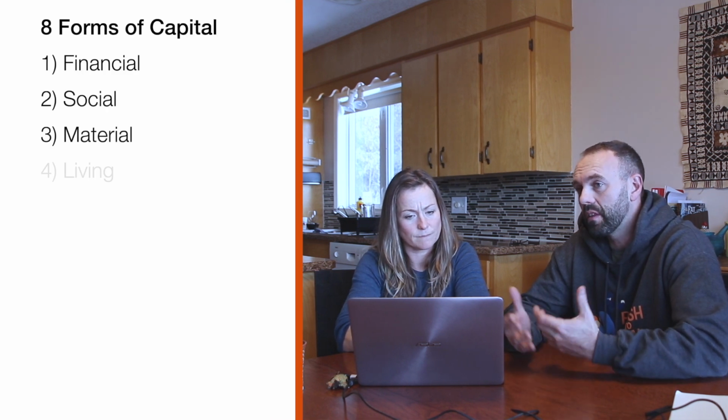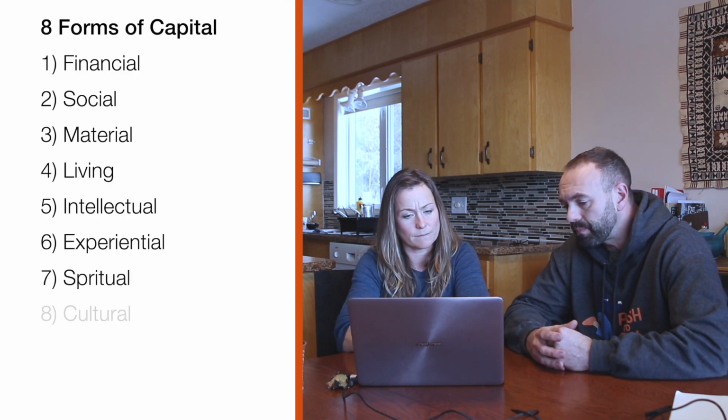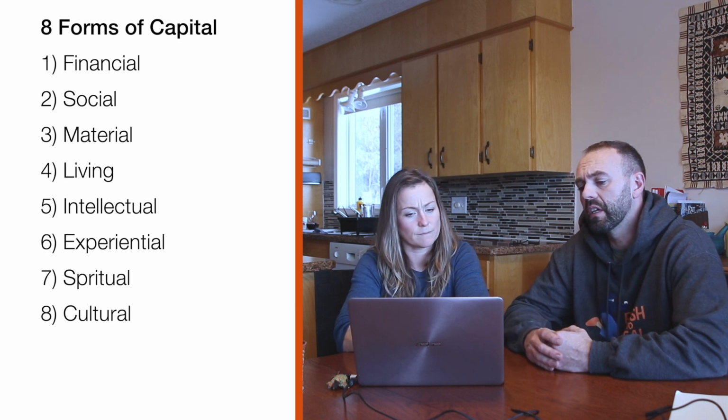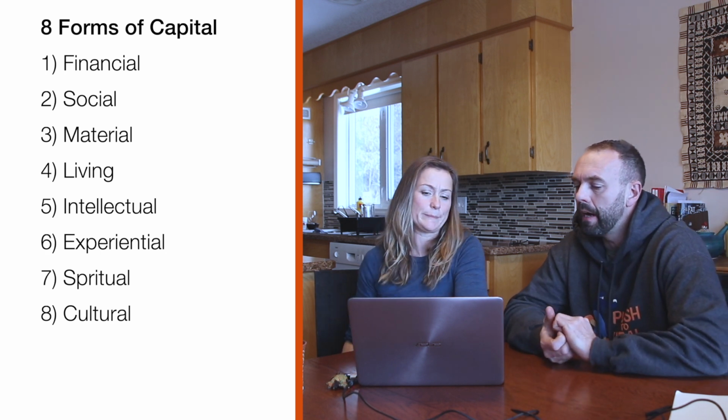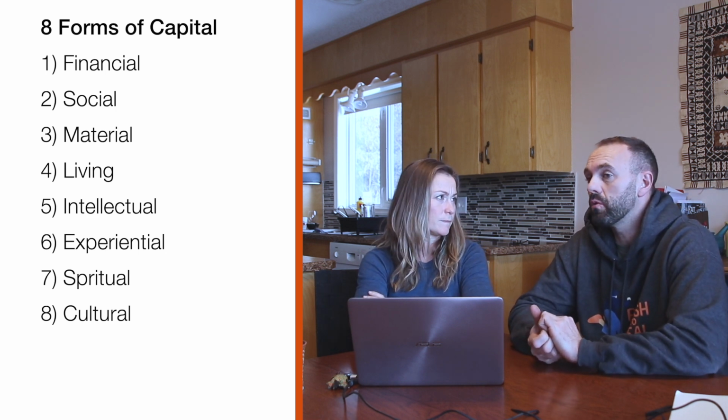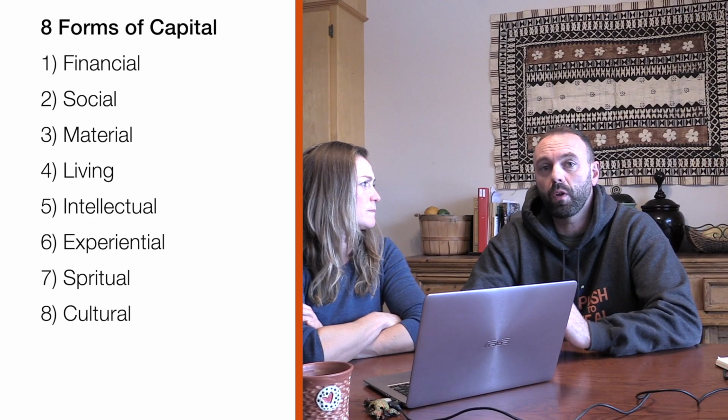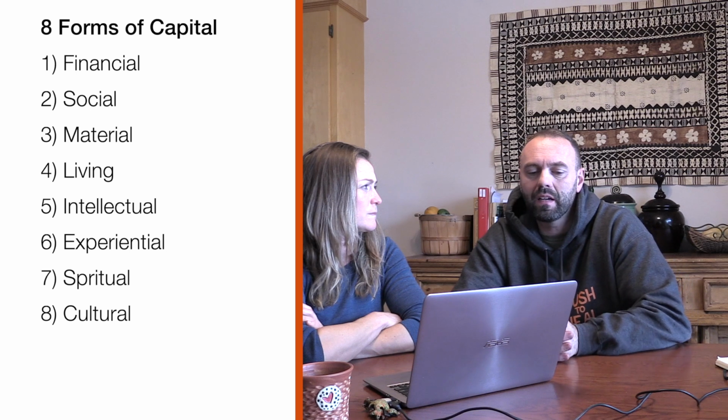So there's financial capital, there's social capital, there's material capital. Those are the things that you own. So living capital, which is kind of the living things in your system, as well as your own life energy. Intellectual capital, so these are the intellectual things that you own, intellectual property, things like that.